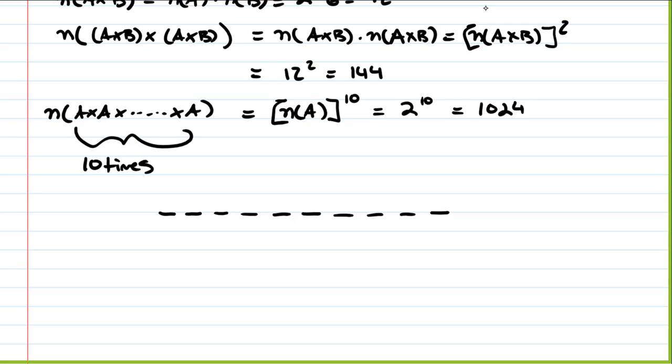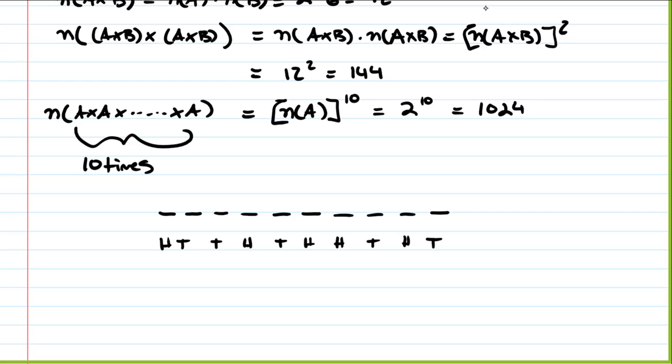So what this 1024 says is that if I were to create words, using only 2 letters with length 10, how many possible words are there using T and H that are 10 letters long? 1024. Right?